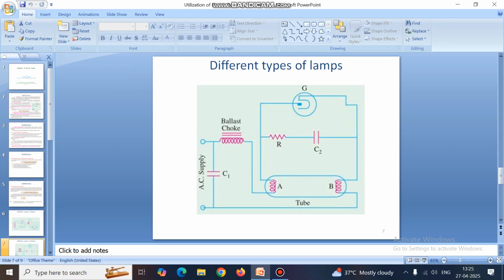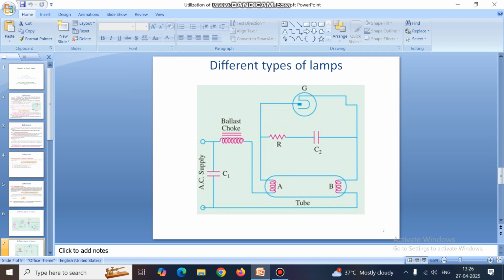And finally, there is the fluorescent lamp. Here, fluorescent gas is filled in this tube, and high voltage is developed with the help of this choke. Initially, there is no breakdown of the fluorescent gas, and at that time there is the role of the starter.